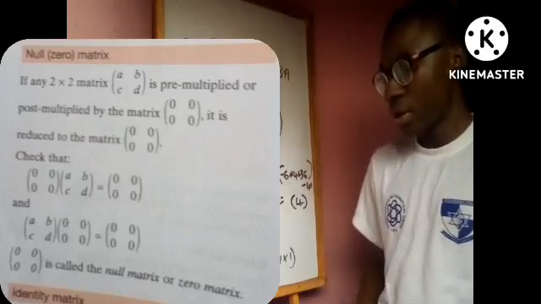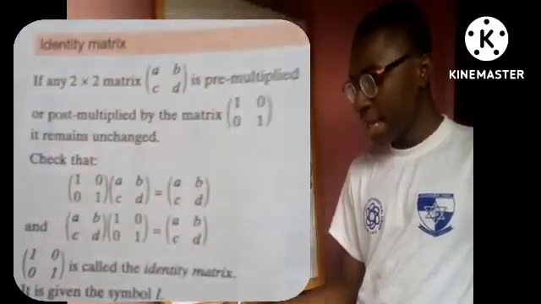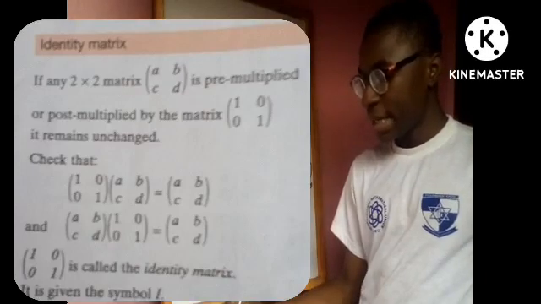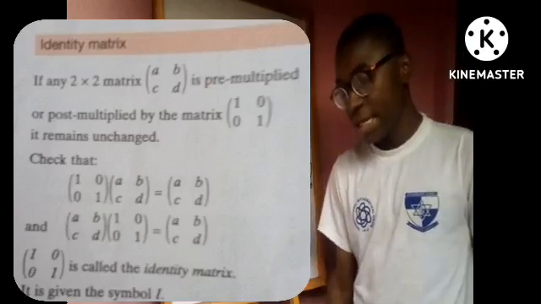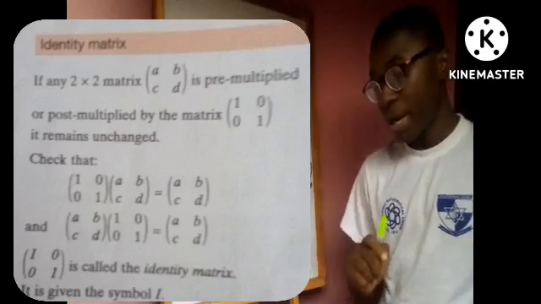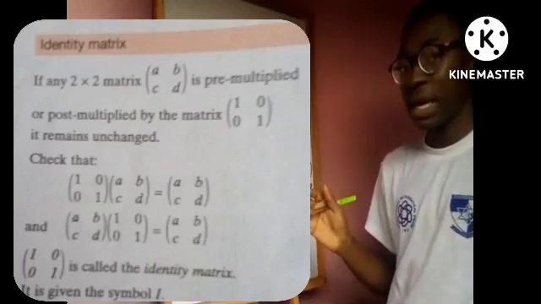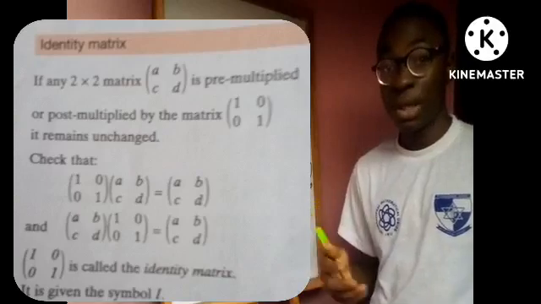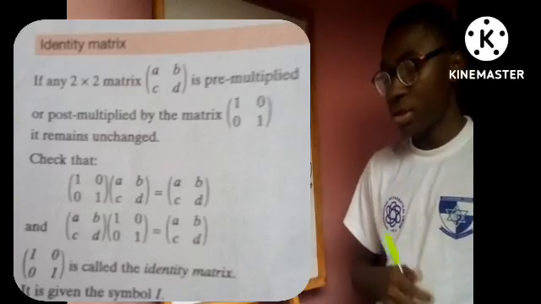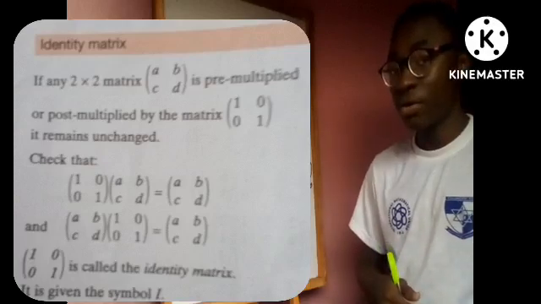Now let's talk about the next type of matrix, the identity matrix. If any 2 by 2 matrix is pre-multiplied or post-multiplied by the matrix 1, 0, 0, 1, the element in the first row, first column is 1, the first row, second column is 0, the second row, first column is 0, and the second row, second column is 1.